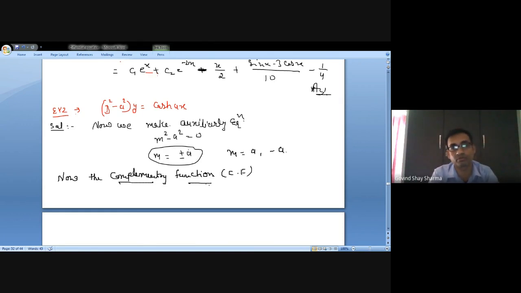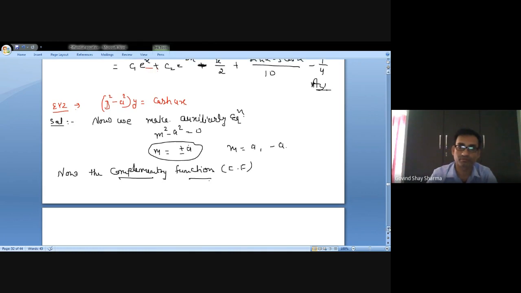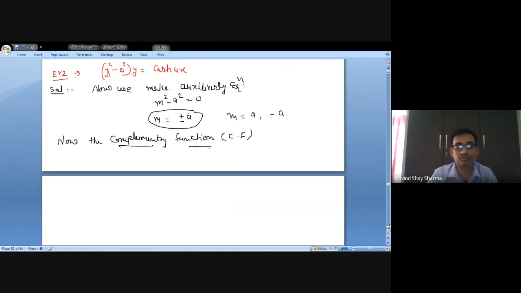So you have to know the full form of CF, students. So I write here complementary function: y is equal to c1 e to power ax plus c2 e to power minus ax. We find the half solution, but CF is the half solution of a problem.